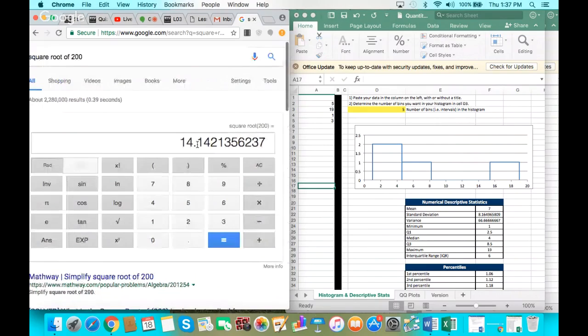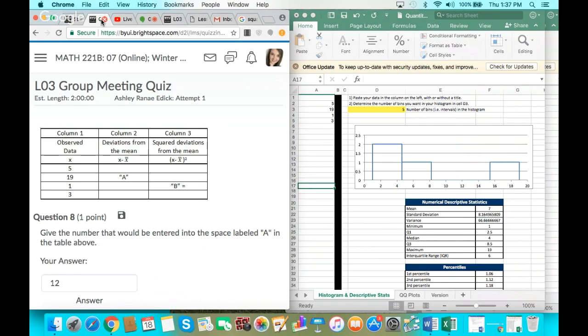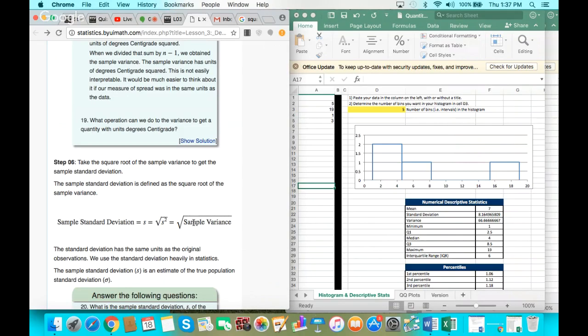That's still 14.142. But that's the sample variance.